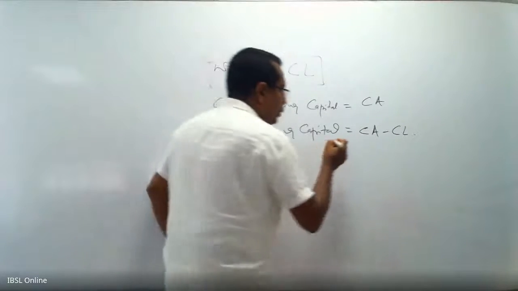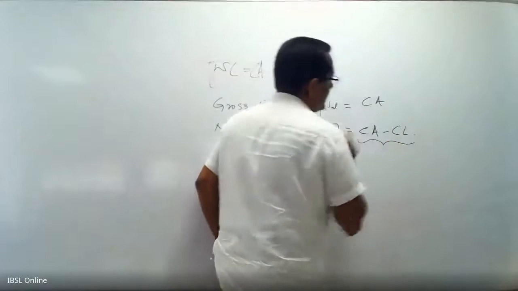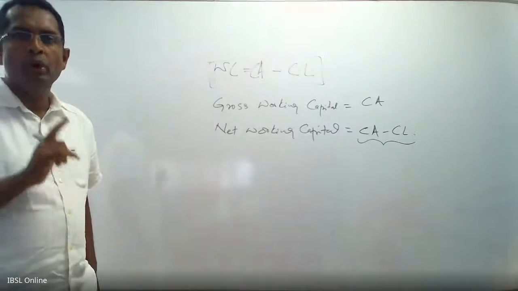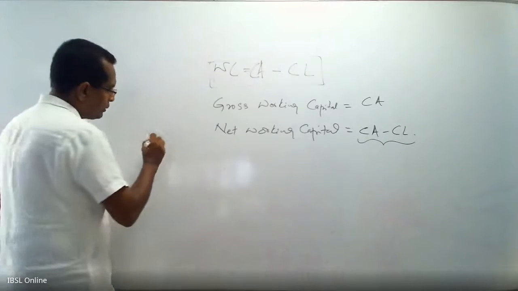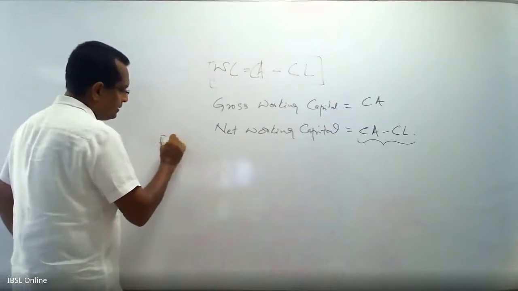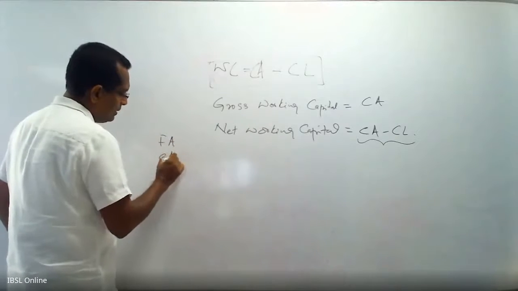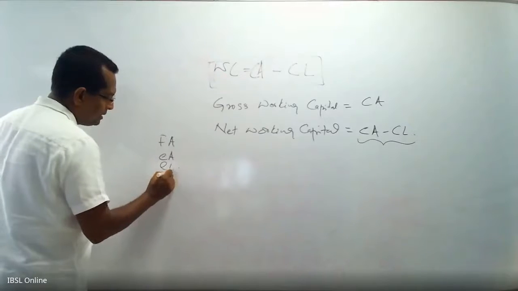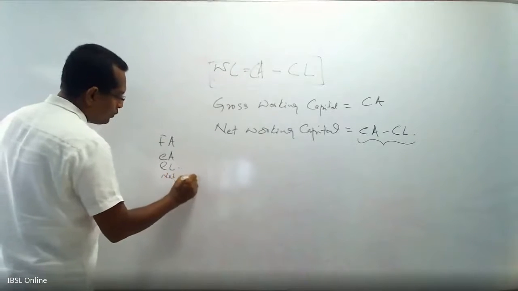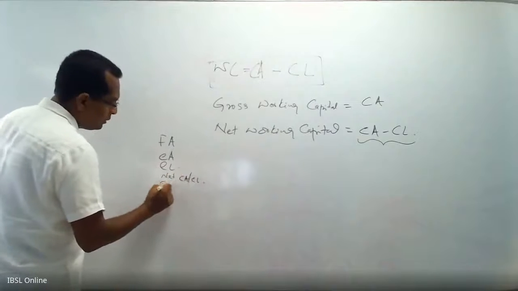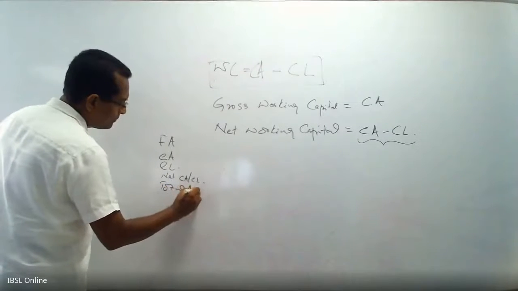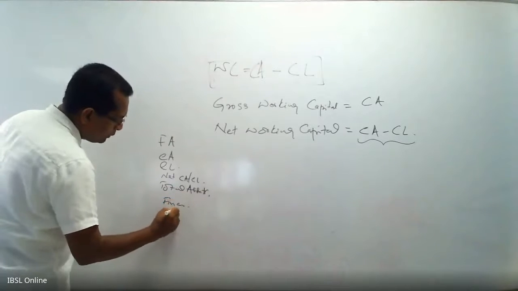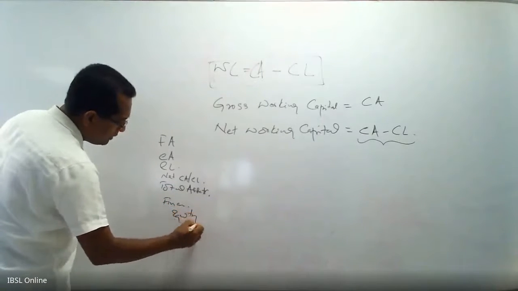This is the portion of current assets which has been financed through long-term funding. You can remember the balance sheet: fixed assets, current liabilities, right? Then net current assets, total assets financed by equity or net worth.